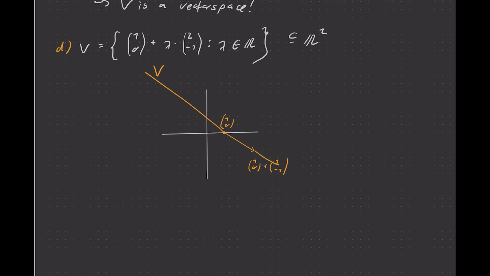Now that is the 0 vector, but apparently the 0 vector is here. Now that is not contained in our space V. So consequently, that set here can never be a vector space because it does not contain the neutral element of vector addition.